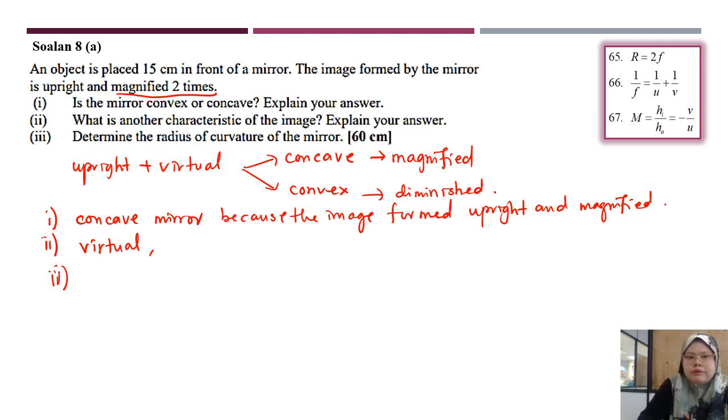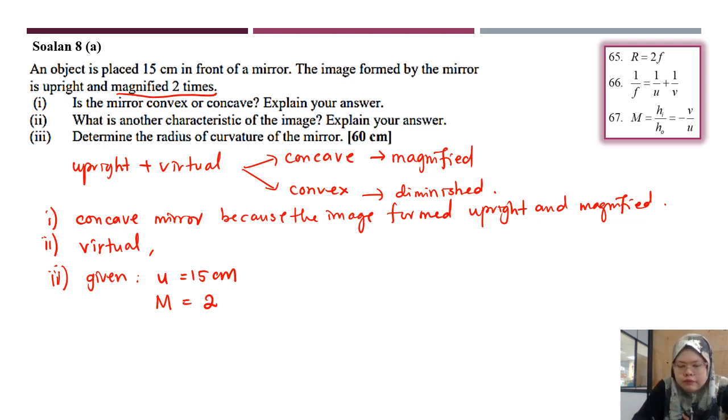Based on the information given to you, you are given the object distance which is 15 cm, and you are also given the magnification which is equals to 2. Untuk yang magnification ni, because dia adalah upright dan virtual, so jadi magnification dia adalah positive 2.